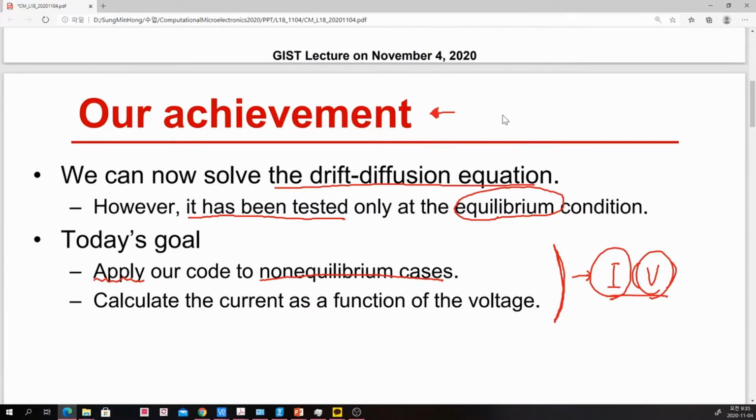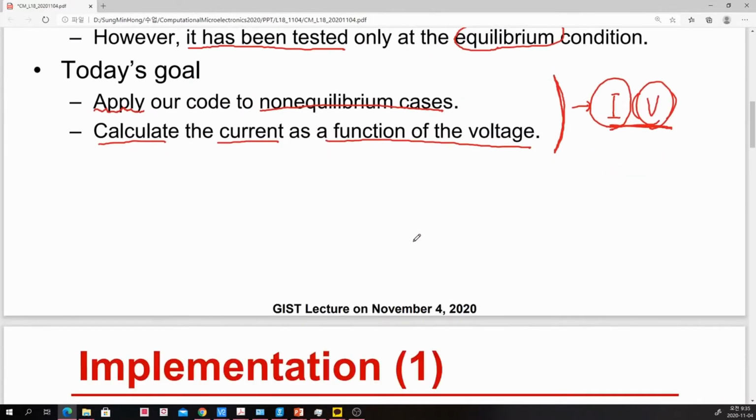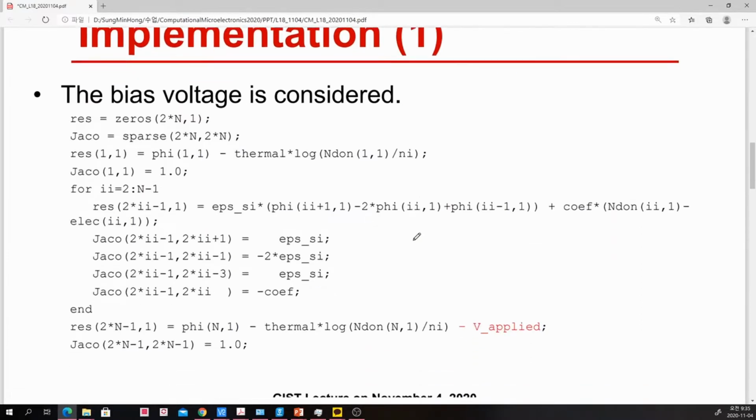So now we are getting to our ultimate goal. So calculate the terminal current as a function of the voltage. That's it. Now we are quite close to our final goal. Okay, then let's go to the real implementation.